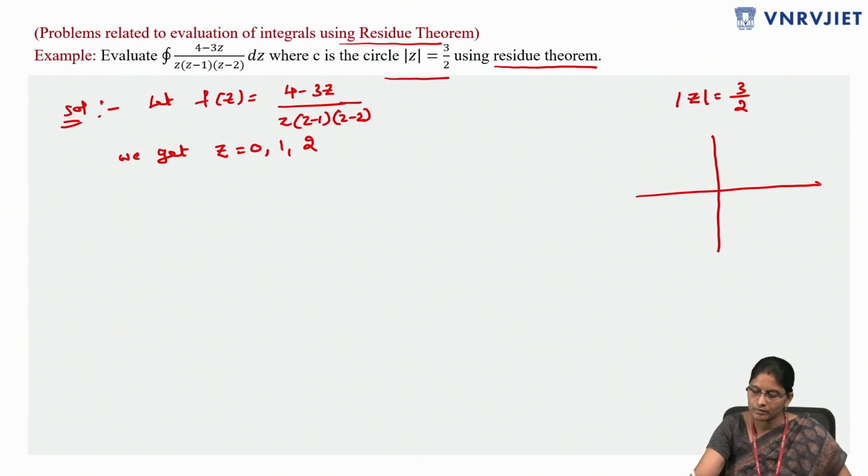First draw a circle. Here is the x-axis and here is the y-axis, with points 0, 1, 2, 3. Mod z is equal to 3 by 2 means a circle with center 0 and radius 1.5. So approximately here we get the radius.